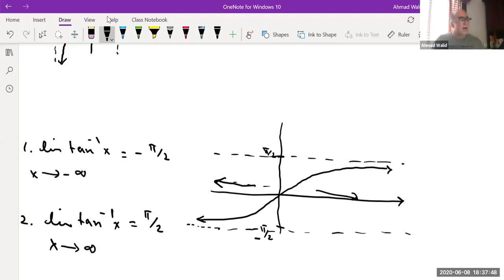This was all about section 6.6. Next day, we will start with 6.8. We will do a jump. I will not cover 6.7 because 6.7 is inverse hyperbolic trigonometric functions.